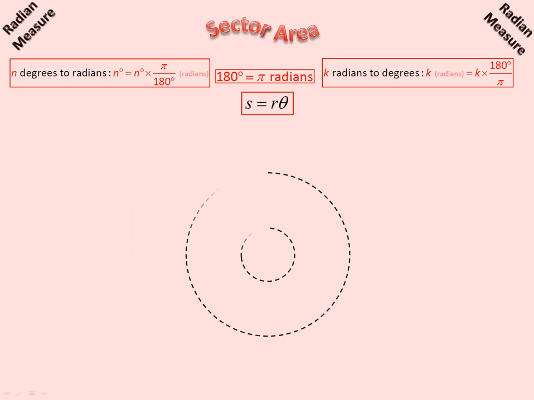Sector area. A sector is like a slice of cake, that section of the circle. Now we might ask, what fraction of this whole circle is that sector? Well, the degrees or the radians can indicate it to us, these angles. That angle is the same fraction of the whole as this sector is of the whole circle.